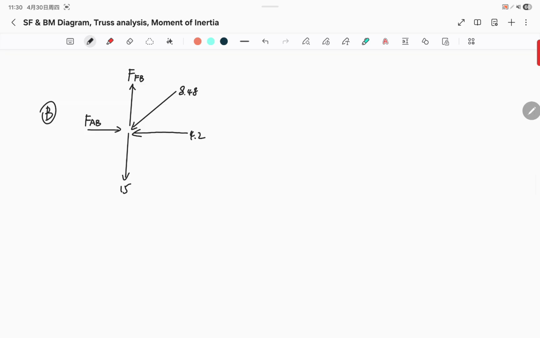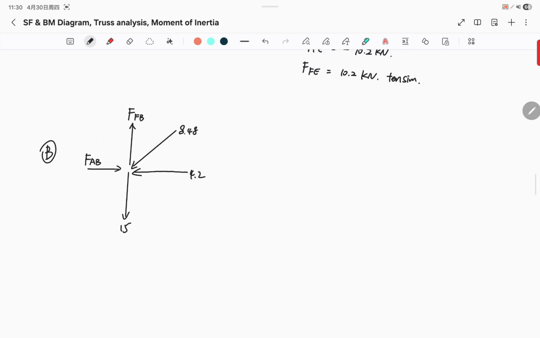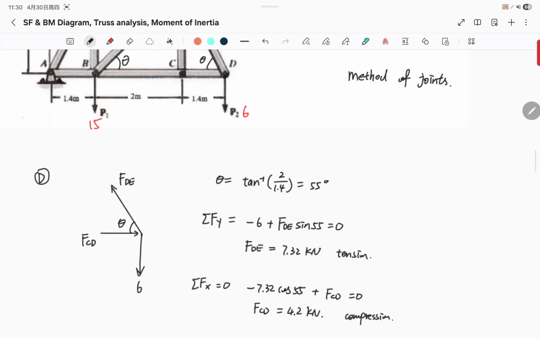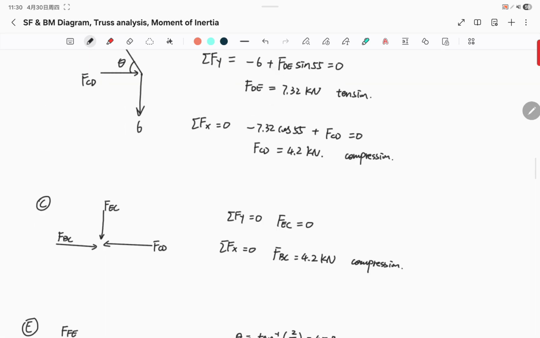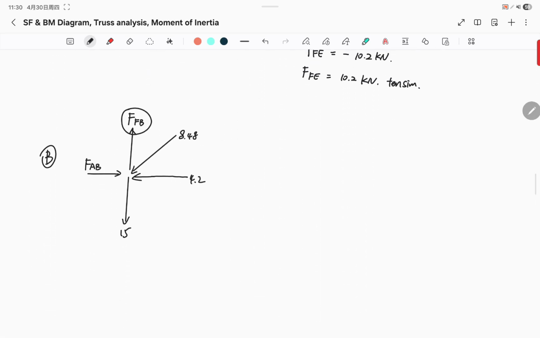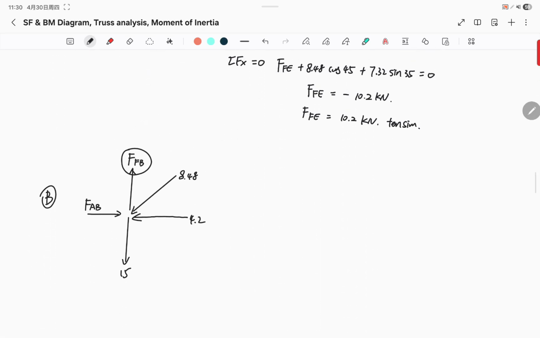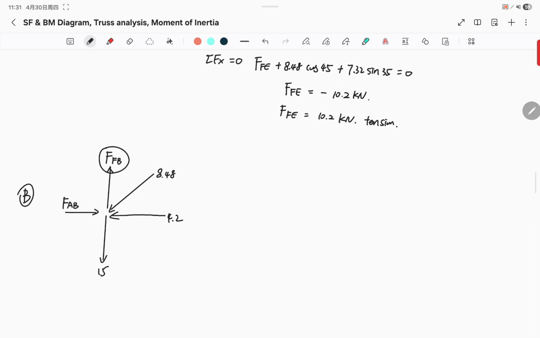The force we're looking for is this one, FFB, here, FB. It seems that we don't need the equation for X, we just need the F of Y, because everything's known. We don't care about the magnitude of this force, AB, because we are not asked to solve it.